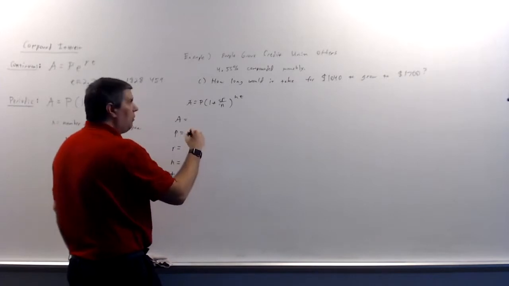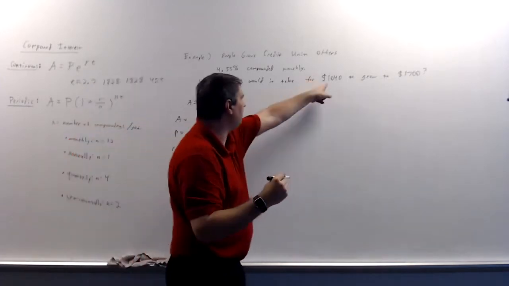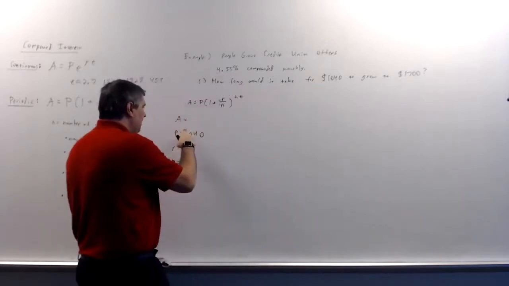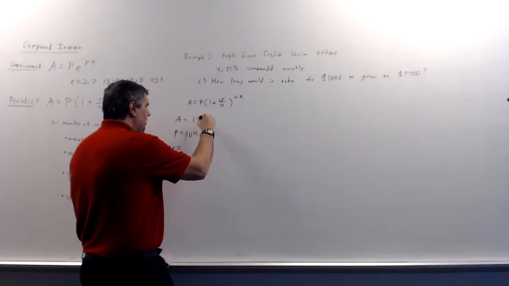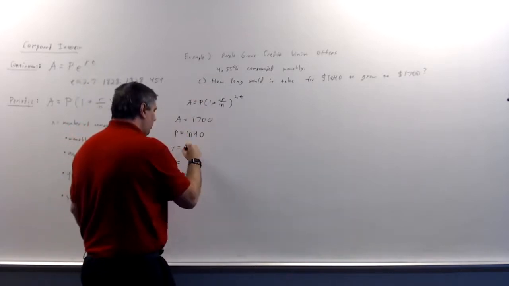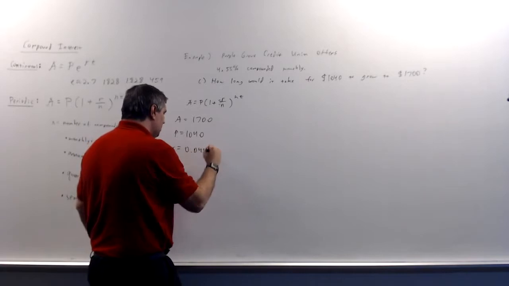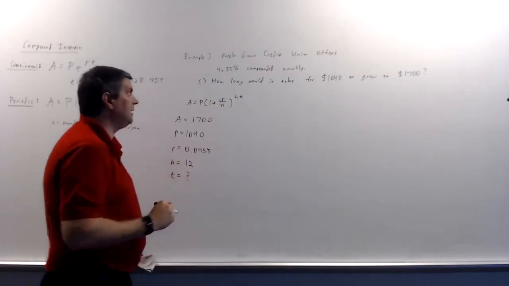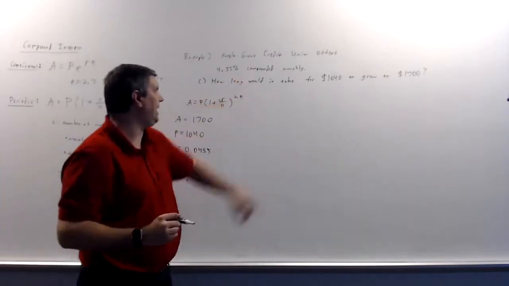So I want to know how long it will take, if we start with 1,040, for it to grow into an accumulated value of 1,700. Okay, the rate is 0.0455 as a decimal. It's compounded monthly. What we don't know is the time. That's the mystery. How long would it take?